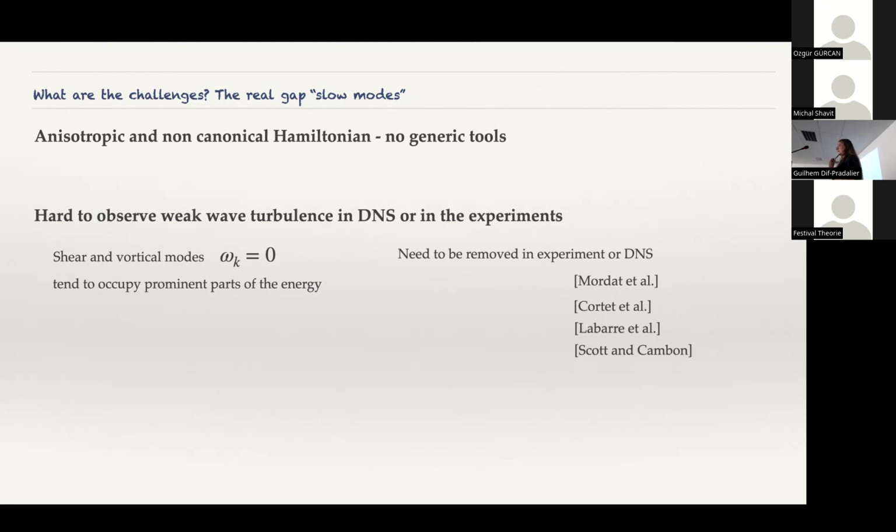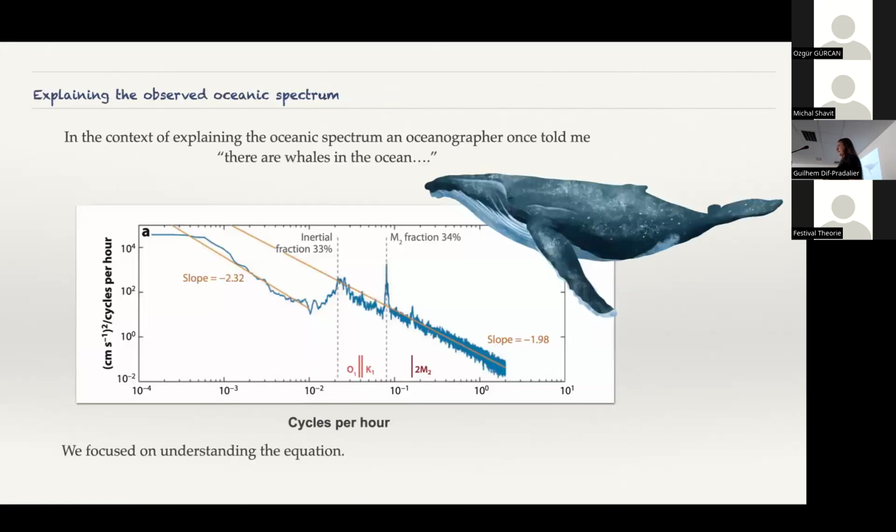And one thing that I will talk about at the end is that in the lab it's very hard to measure them. One reason is the separation from the slow modes, but it seems not to be a big challenge in the ocean. And we can ask ourselves why it isn't so hard in the ocean to measure a clear spectrum of weakly interacting internal gravity waves.